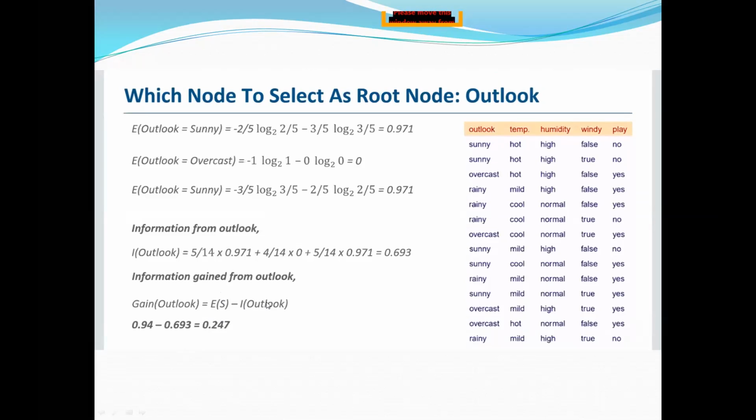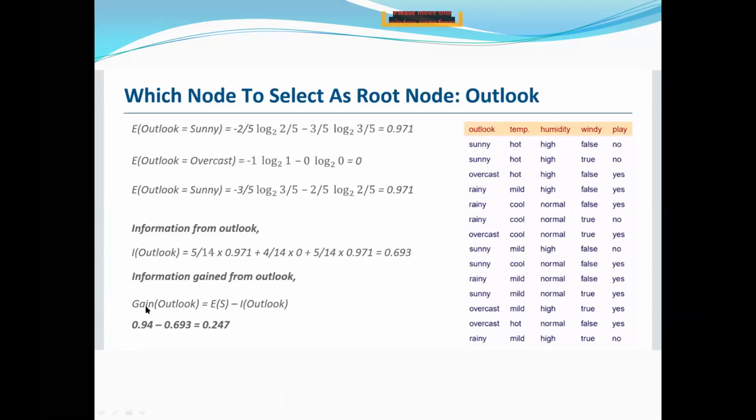What is a decision tree actually doing? It takes the mixed data and tries to form homogeneous data. That is the role of a decision tree, right? So I am going to subtract my information from the total entropy. That is my gain, how much I gained from the Outlook.